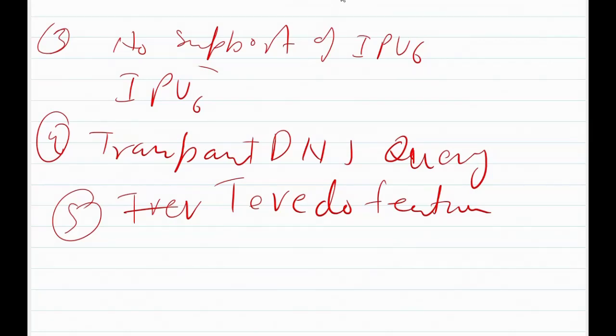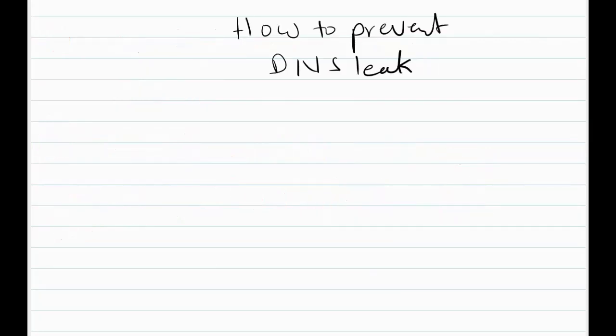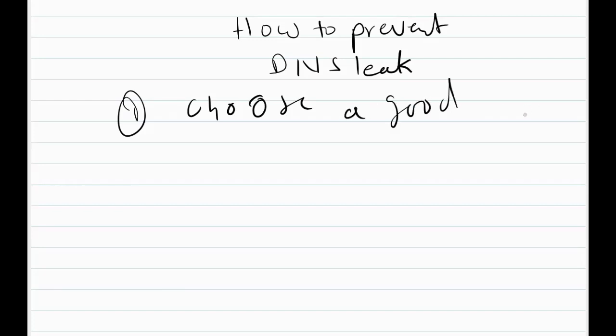So we need to ensure that all these things are handled when you are using the VPN. At last, we will discuss how to prevent DNS leak. How can we prevent DNS leak? First, choose a good VPN provider.